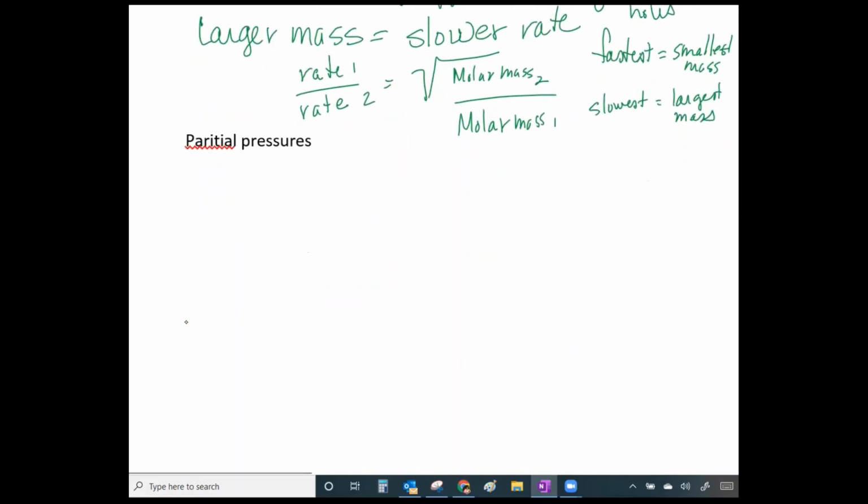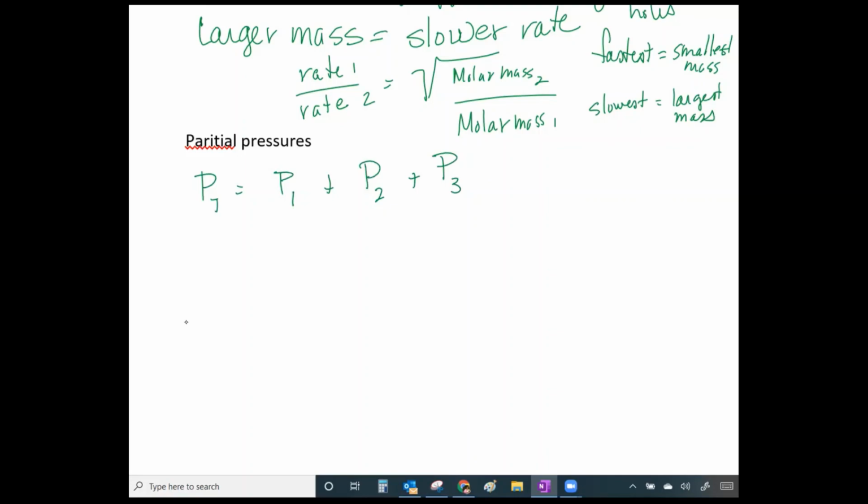Last thing, partial pressures, which apparently I didn't spell correctly. Dalton's law of partial pressures. The total pressure is equal to the sum of each of the individual pressures.